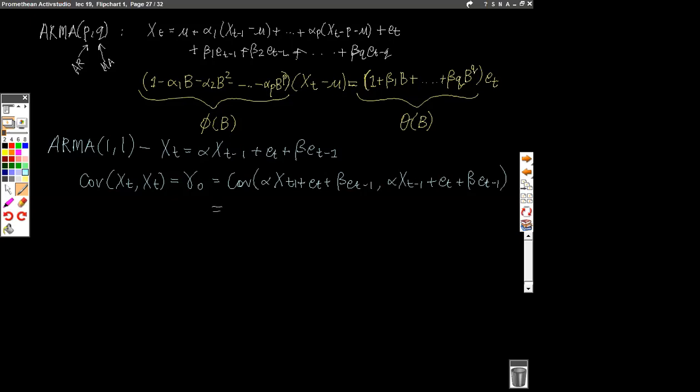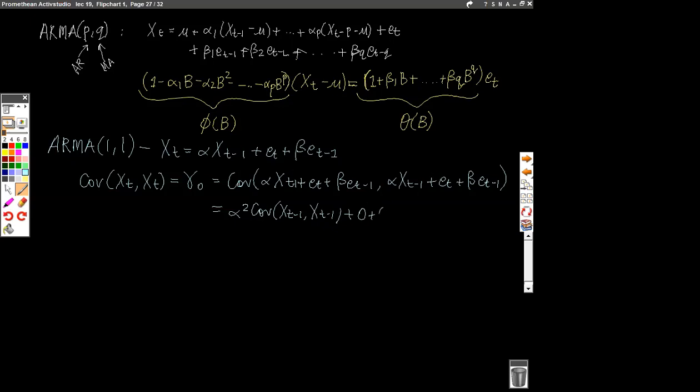And if I were to expand this, what I will have is alpha square covariance of xt minus 1 comma xt minus 1 plus. Now I'm trying to figure out the covariance of this with that. So I took this with this first, and now I will take this with that, and I know et minus 1 with xt is always going to give me 0.